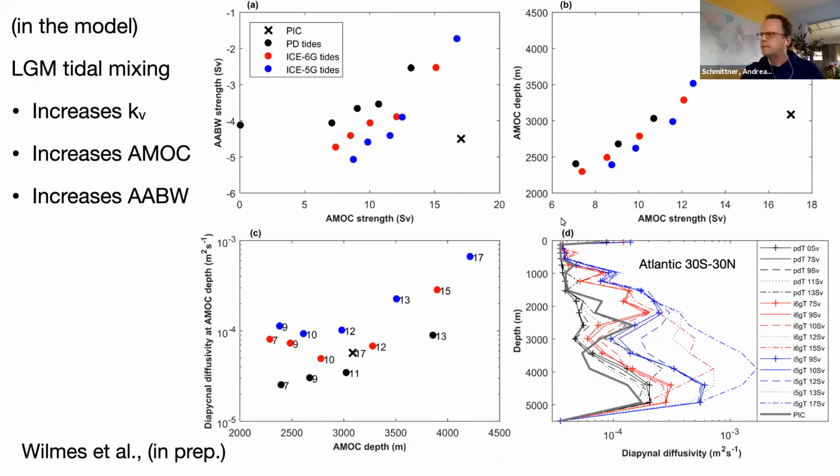So perhaps let's start with the panel here on the lower right, which shows average diffusivities in the Atlantic between 30 south and 30 north. The reference, the pre-industrial control simulation, is the gray line that shows the diffusivities in that control simulation. And then all the black lines are the LGM simulations, but using present day tides.